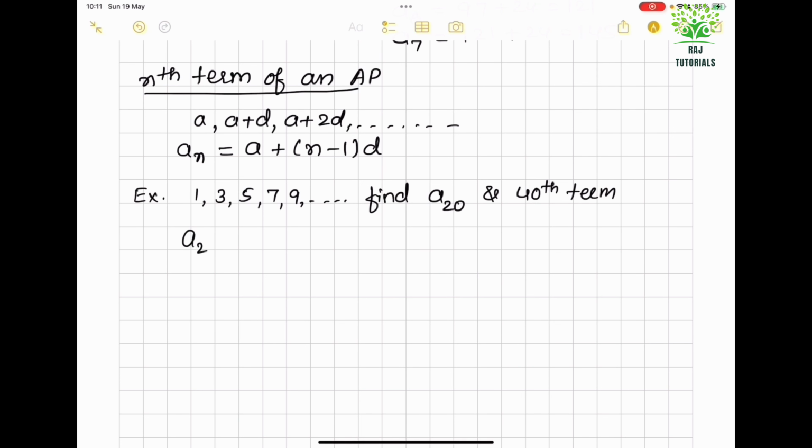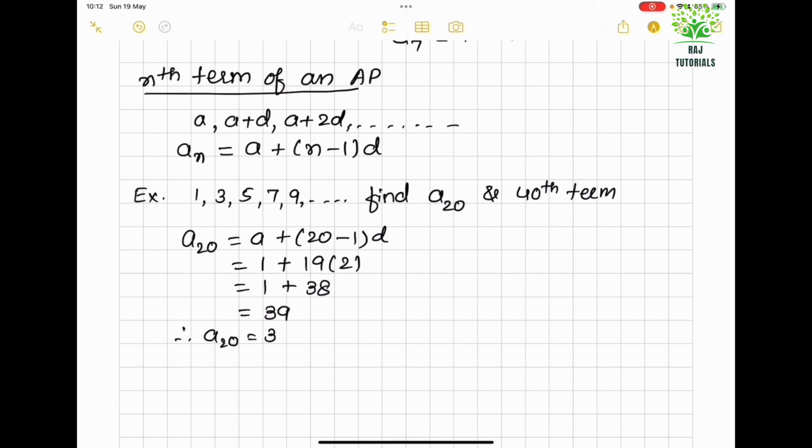So A20 will be A plus (20 minus 1) into D. A is 1, D is 3 minus 1, which is 2. So 19 into 2 is 38, 1 plus 38 is 39. Therefore A20 is 39.